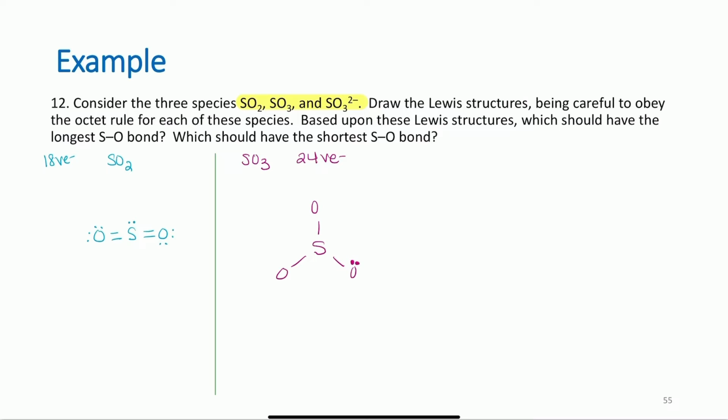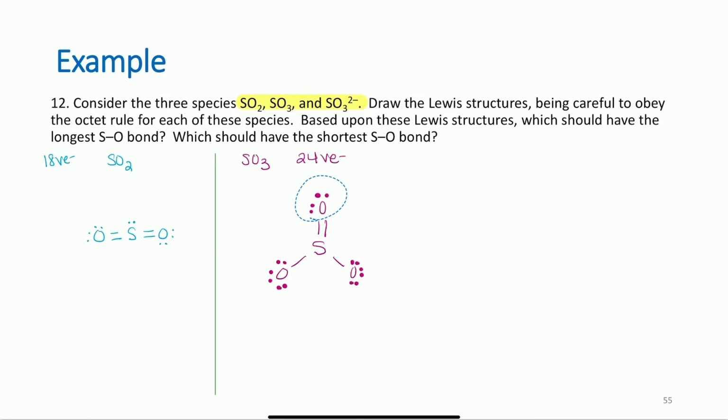So 6, 8, 10, 12, 14, 16, 18, 20, 22, and 24. My outer atoms all have their octet now. Now check your central atom and make sure it has its octet. It does not. So I'm going to form an octet by donating one of those pairs of electrons, lone pairs, from one of your outer atoms to form a double bond with your central atom.